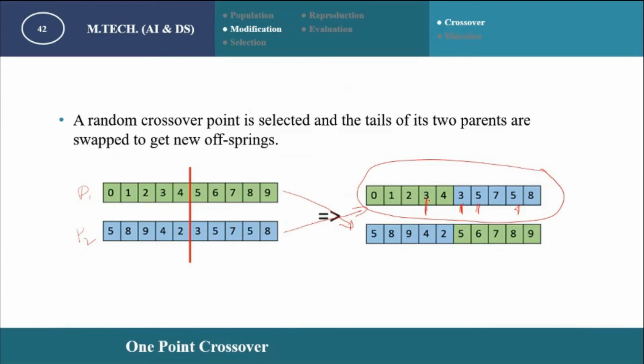See, here 6 and 9 are not present. But 3 and 5 are repeating again. So we have to replace this 3 and this 5 with a 6 and a 9. So that sort of thing you will have to incorporate in your program while incorporating 1-point crossover for permutation type of problems.